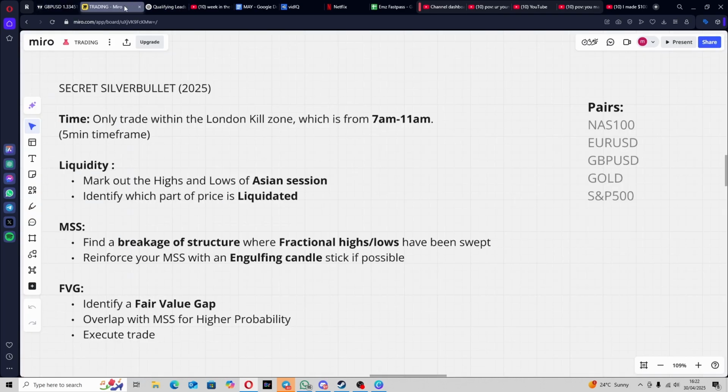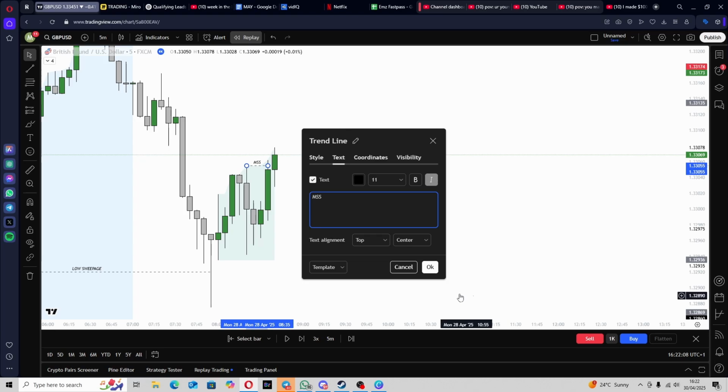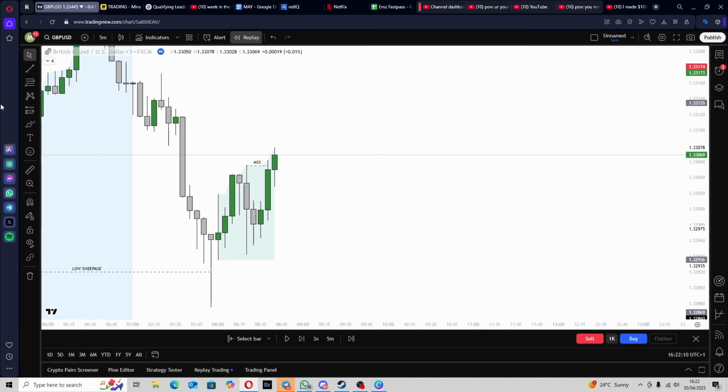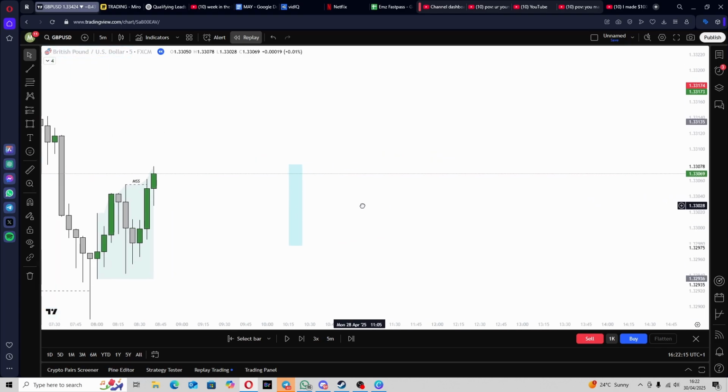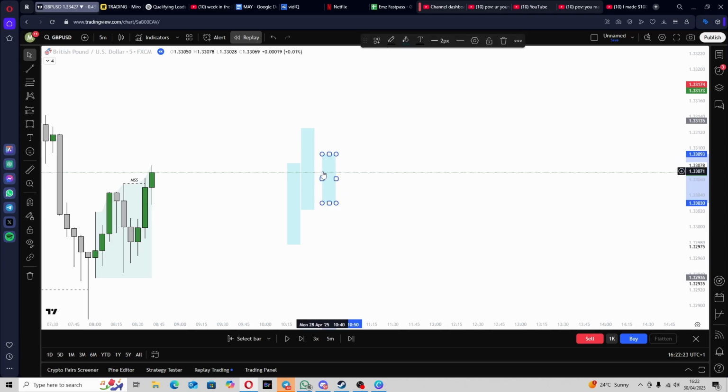This is exactly what we will be using as our market structure shift, right? So as soon as we got a market structure shift, what we need to do now is mark this out. This will be our market structure shift, and let me explain to you really quickly how fractional highs work, which is very, very crucial for you to understand. So this is the first candle, this is the second candle, and this is the third candle right here. Let's say we have 3 candles, and as you can see, the 3 candles are in different shapes and different sizes of wicks.